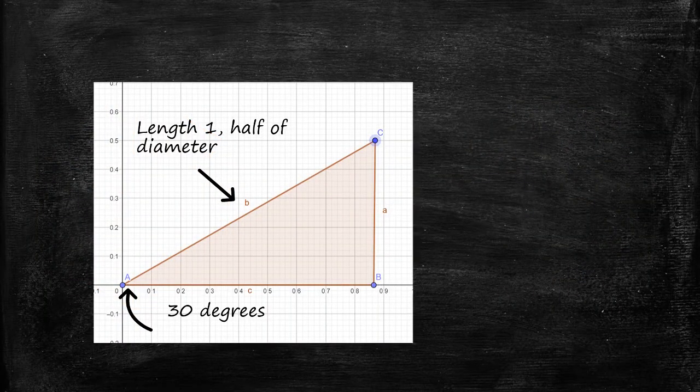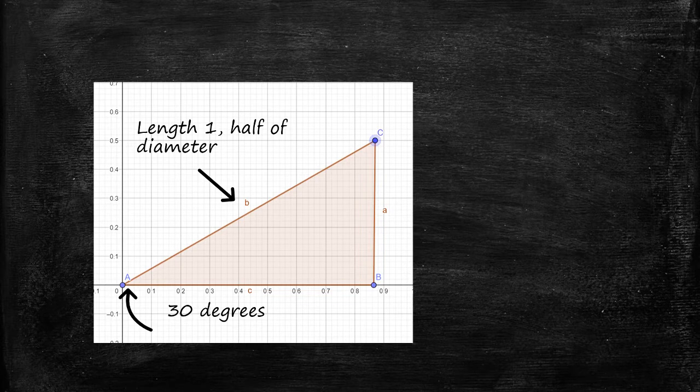Now, our goal is to find the circumference of the shape, and by finding angle A, we will find 1/12 of the whole shape. So, we know two things about this right triangle. The length of one side is 1, and the angle of one angle is 30 degrees. These are the only two things we need to know, and we know them.